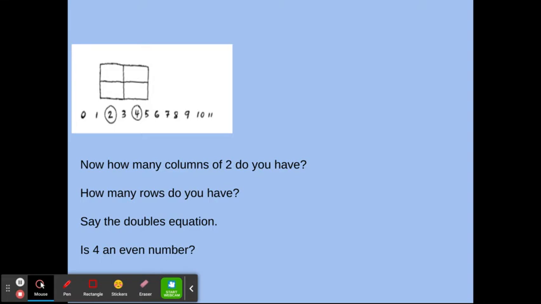Now, how many columns do we have now? Let's count the columns: 1, 2. How many columns of 2 do we have? Yes, it is 2 columns. Now, how many rows do we have? Yes, we have 2 rows.